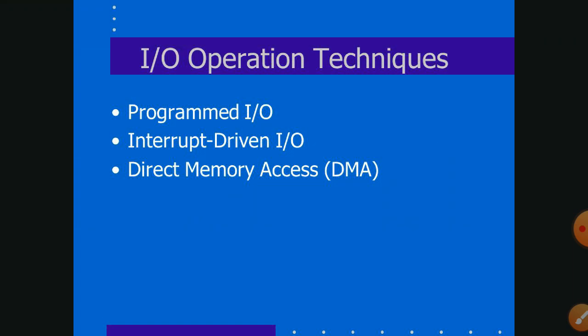Interrupt driven IO also has a drawback: there is CPU involvement. In the techniques we discussed, programmed IO and interrupt driven IO, the drawback is that processor involvement is there in each and every IO transfer.